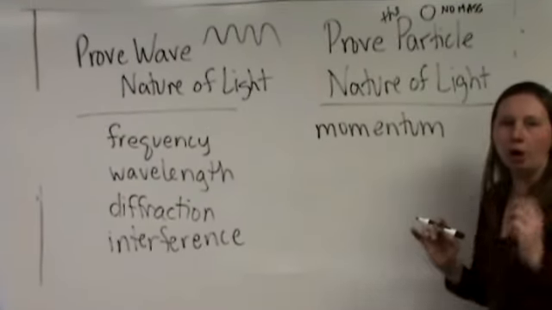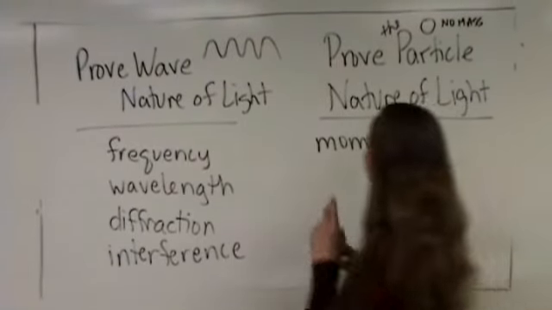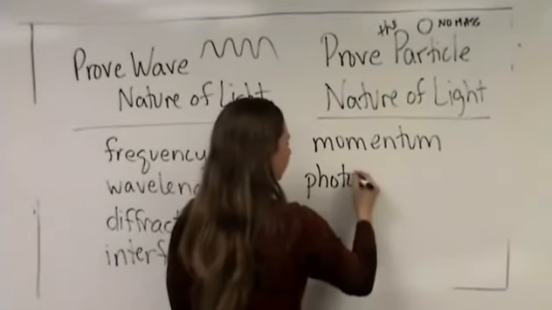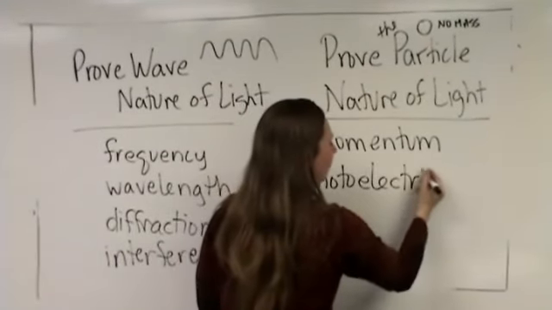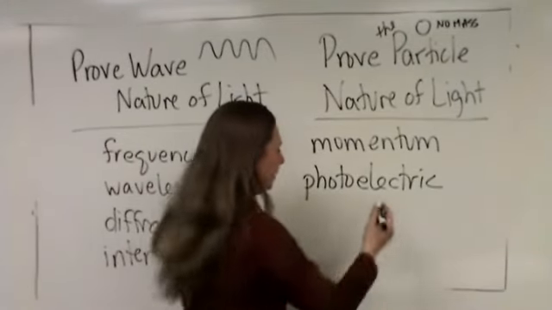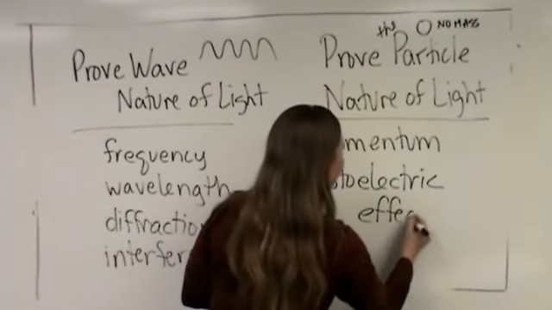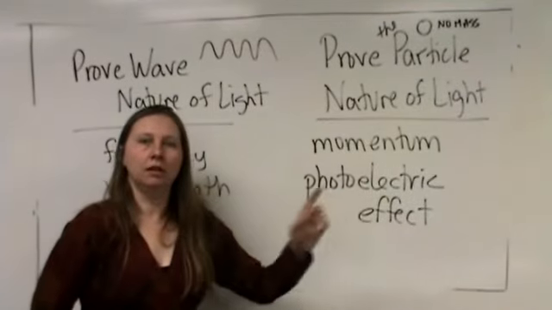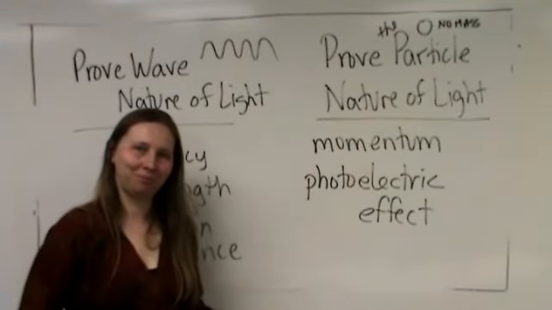This proves the particle nature of light. And finally, the photoelectric effect, for which Einstein received the Nobel Prize back in the early 1900s. The photoelectric effect also proves the particle nature of light.